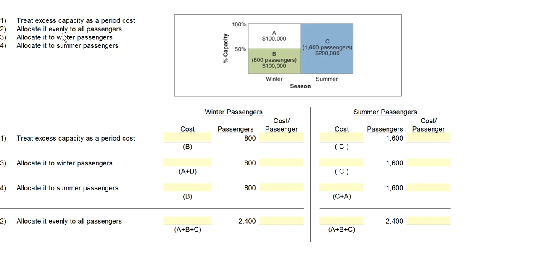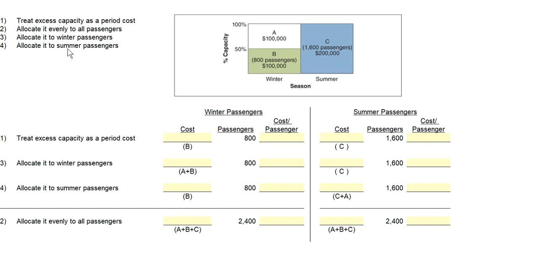Two, allocate it evenly to all passengers over the entire year. Three, allocate the excess capacity to winter passengers, or a fourth method, allocate it to summer passengers. And again, the rationale there would be we've purchased the additional planes to handle the higher levels of volume associated with summer flights. Therefore, that excess capacity should perhaps be allocated to those summer passengers.